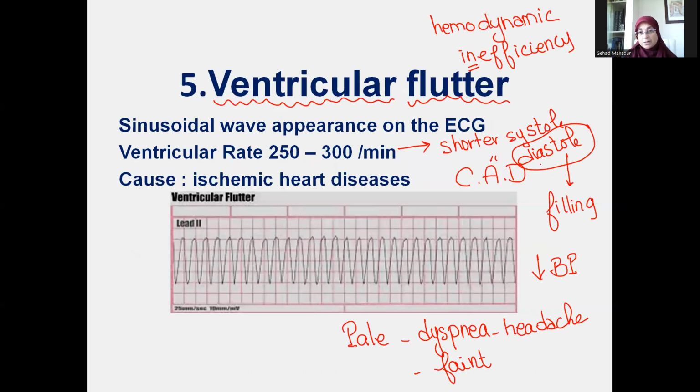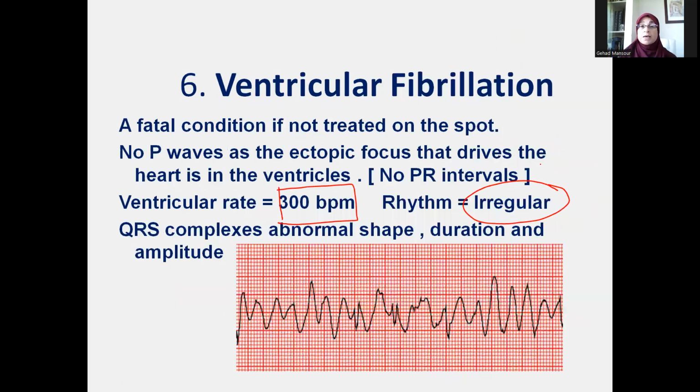In ventricular flutter, the problem was only that the rate was rapid and that the ventricles were not having enough time to fill, but the contraction of the ventricles was efficient. In case of ventricular fibrillation, the ventricles are beating at a very irregular rate, and from there comes the word fibrillation.